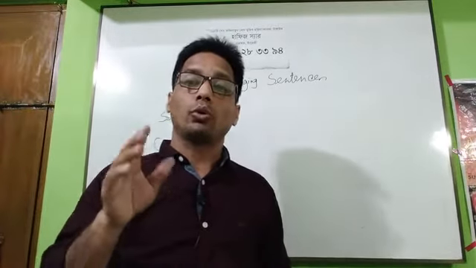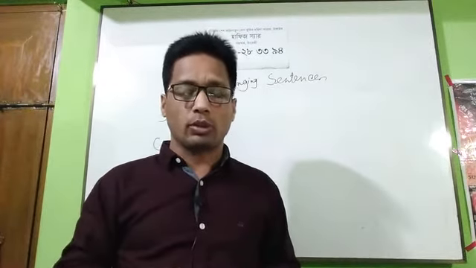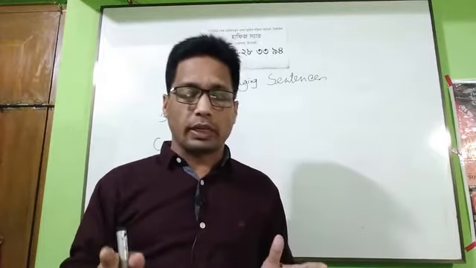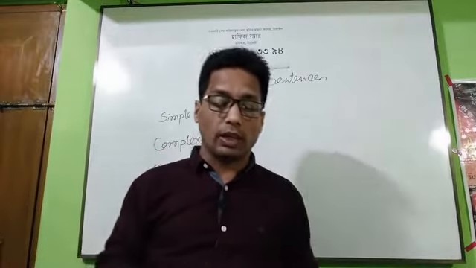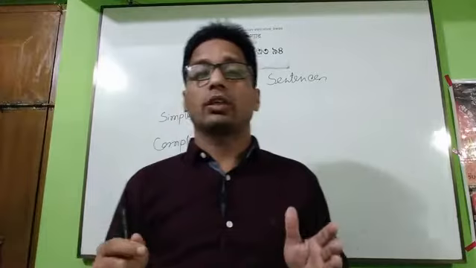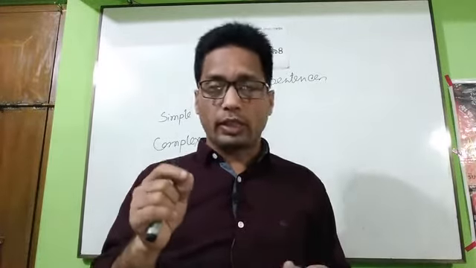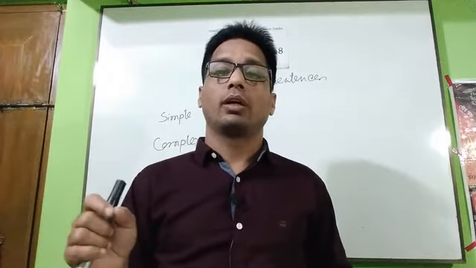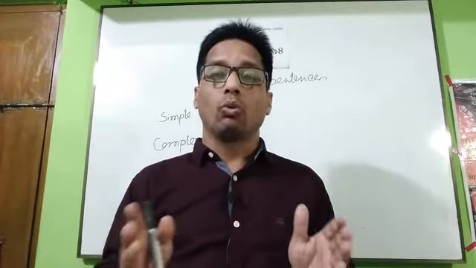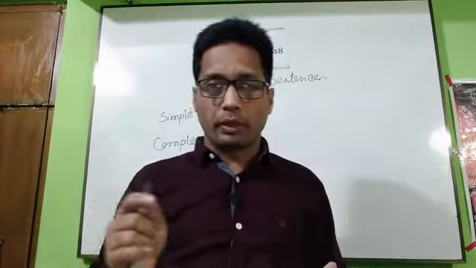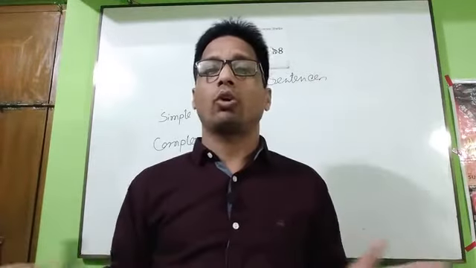Okay, do you know the principal clause and subordinate clause? Actually, clause indicates the sentence which has one subject and one finite verb, but it must be a part of a long sentence.